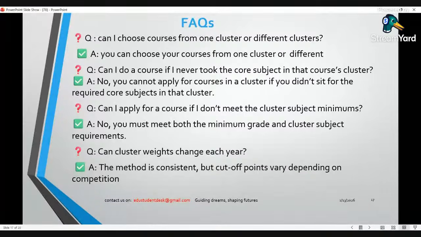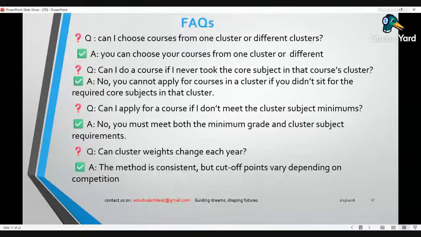For example, you can choose a course in medicine, also in engineering or in computing and IT. Any can do. Or you can choose your courses in one cluster, for example, in the engineering cluster, you can choose mechatronics engineering, electrical engineering, or marine engineering, all of them. There is no problem.